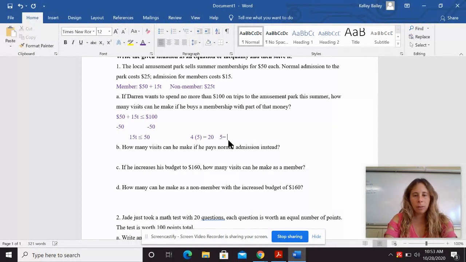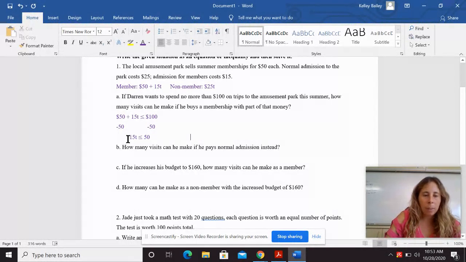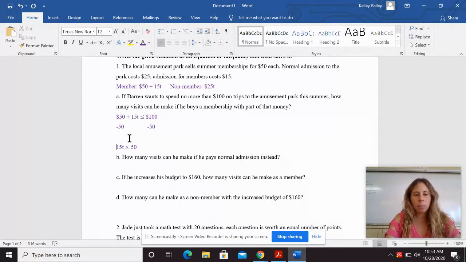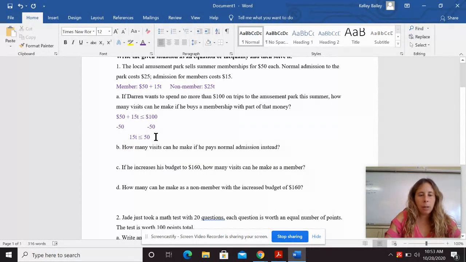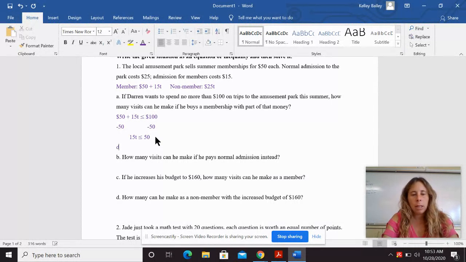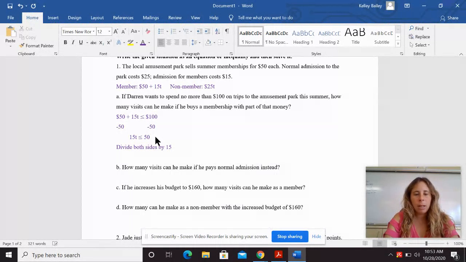Subtract 4, I would get 5 equals 15. It doesn't work. You can't do that. If you're multiplying something together, the way to split it up is by dividing. So I'm going to divide both sides by 15. So then you're going to get 15 divided by 15 is 1, which is just T.